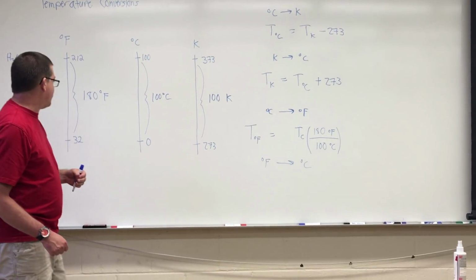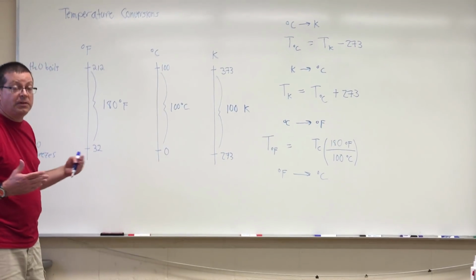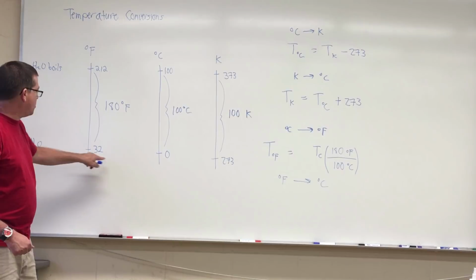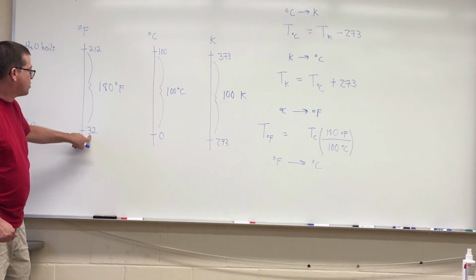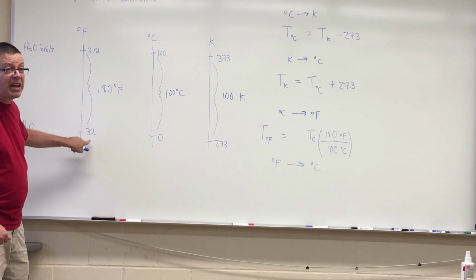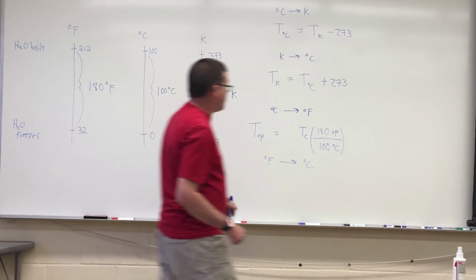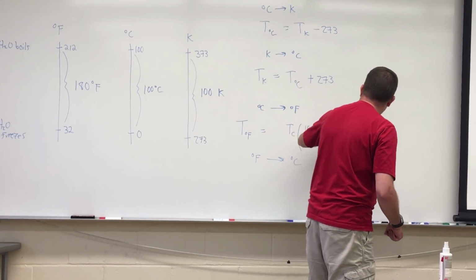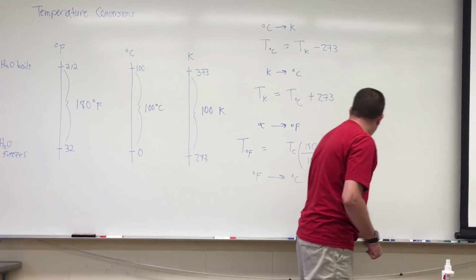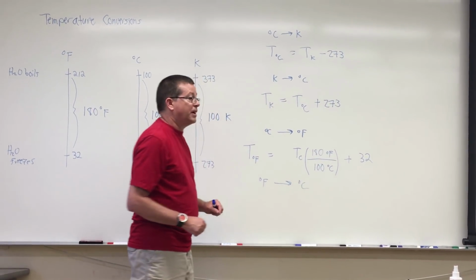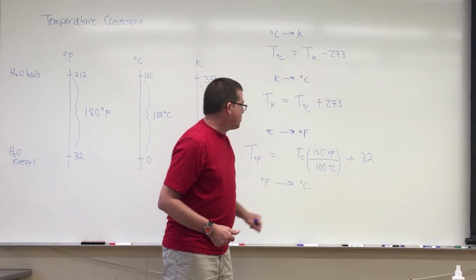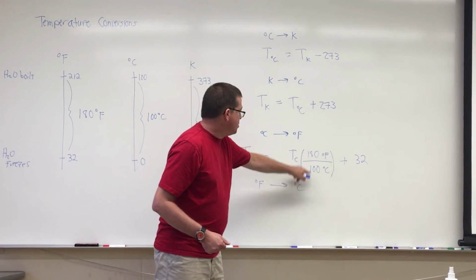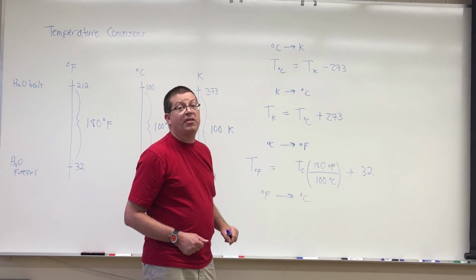The other thing that I have to do is account for the difference in the 0 point. Notice if I'm at 0 here and 32 here in terms of Fahrenheit degrees, I've got to add 32 to that number. So I've accounted for both of those things. Now in many cases, you're going to see that ratio represented as a reduced ratio of 9/5.